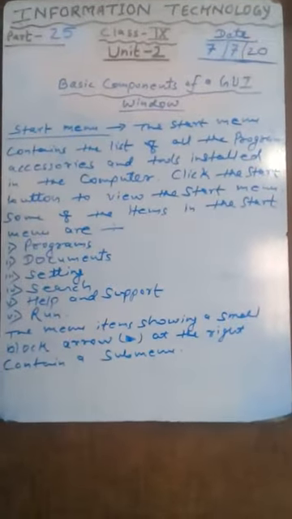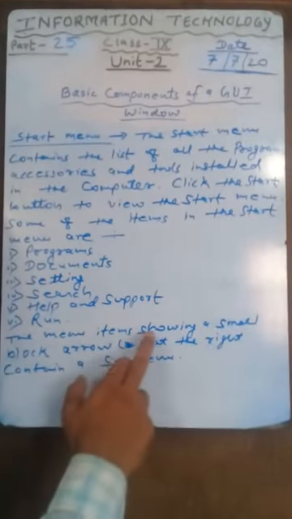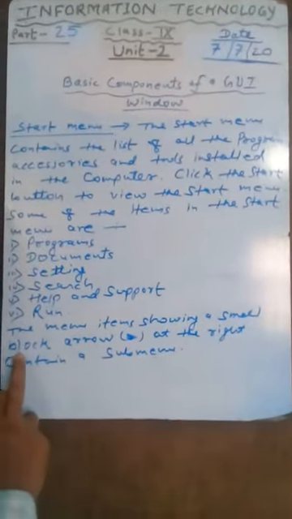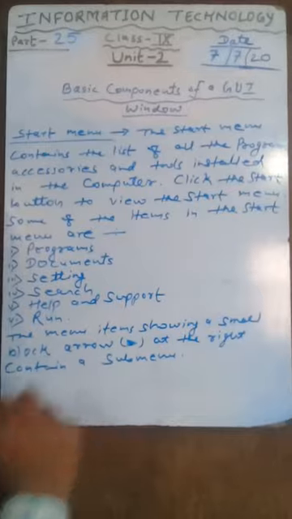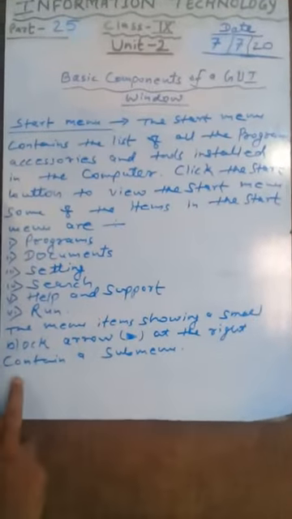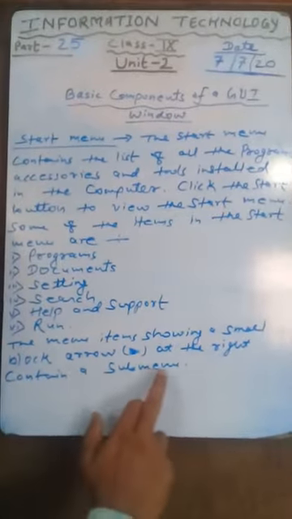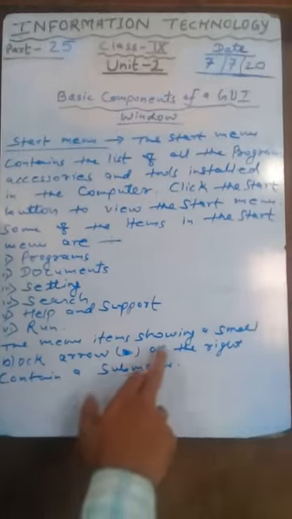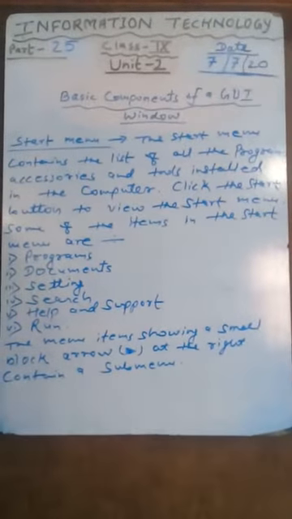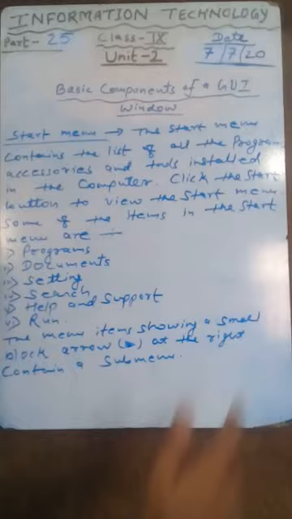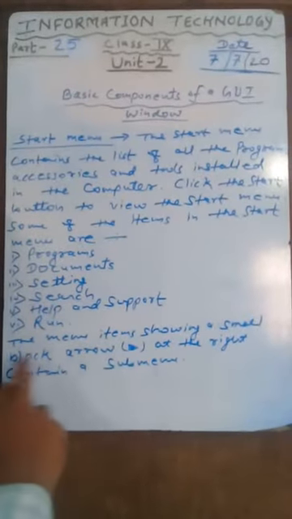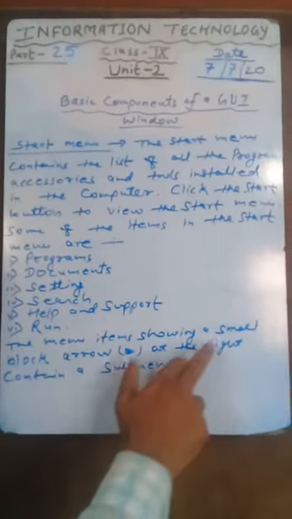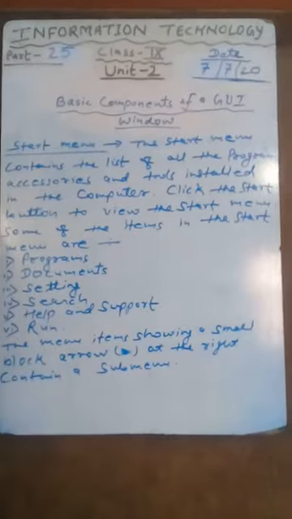A menu item showing a small block arrow at the right contains a submenu.